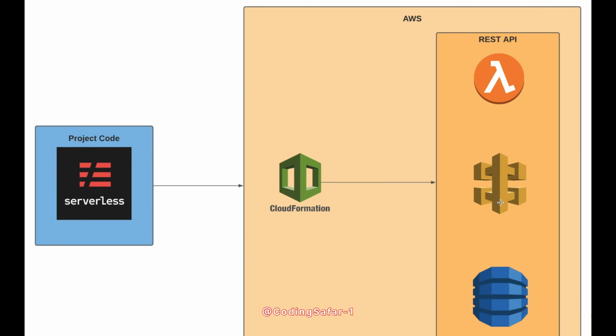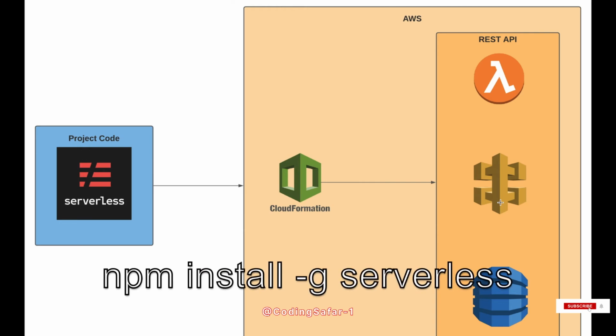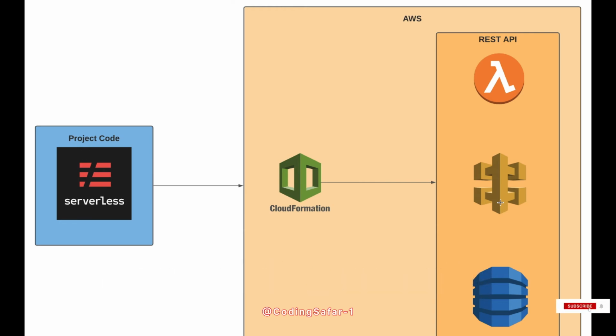Now, before we get started with everything, please make sure that you already have Serverless installed on your machine. If you don't have it installed yet, I have pasted a link to the instructions on how to install Serverless. For me, the easiest way to install it is to run npm install -g serverless on your command line or terminal, assuming you also have Node installed on your machine already, which you should, since the app that we will be writing is in Node.js.